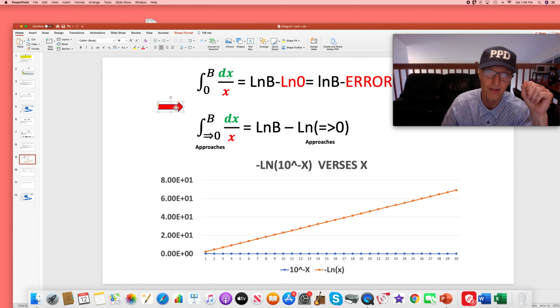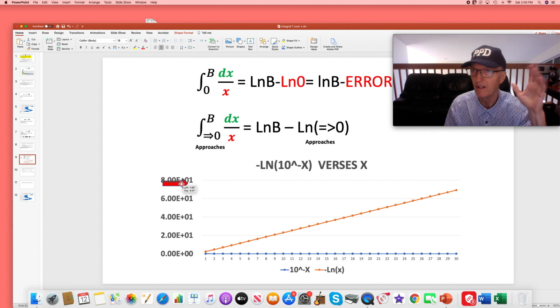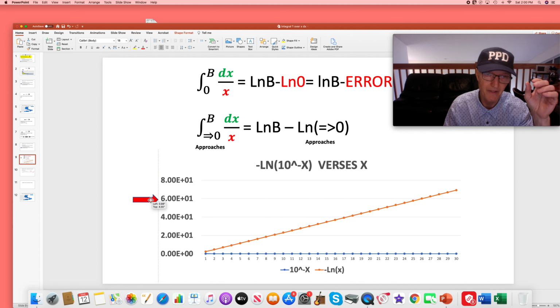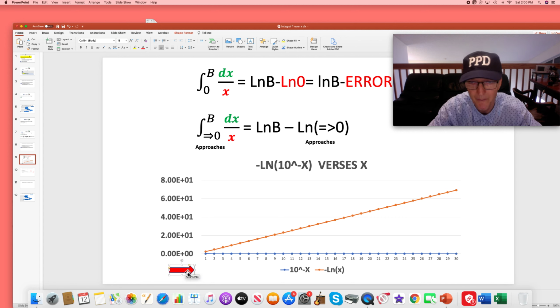This is scientific notation, so it's 8 times 10 to the 1, which is 80, and that's this line here. The next one down is 6 times 10 to the 1, which is 60. I'm not trying to be complicated here, I'm trying to simplify it.